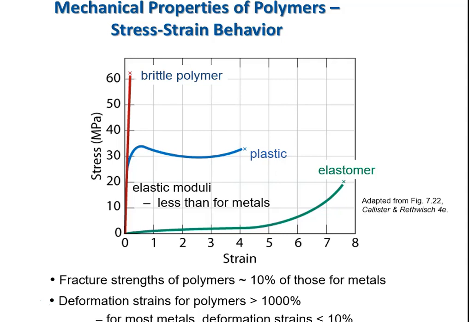Basically the entire gauge length necks at once, and so you don't get that maximum that you do in metals. You actually get a dip and a rise again.